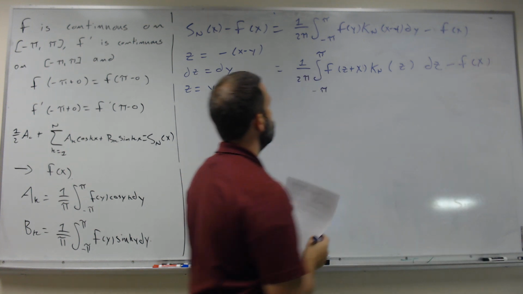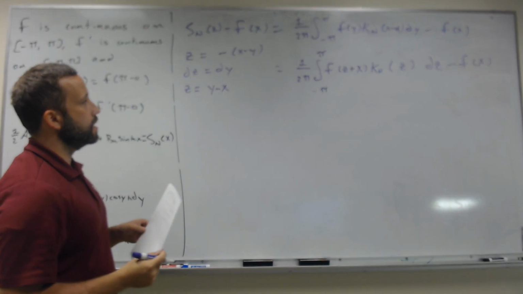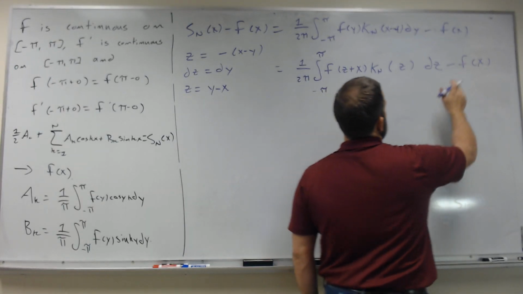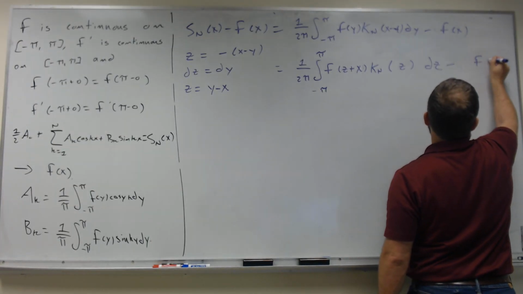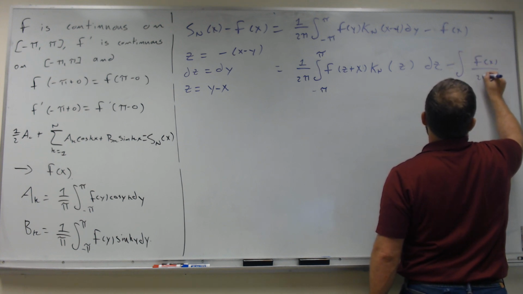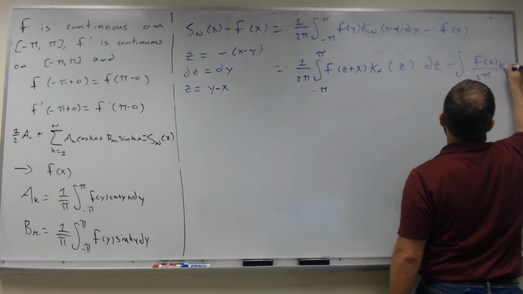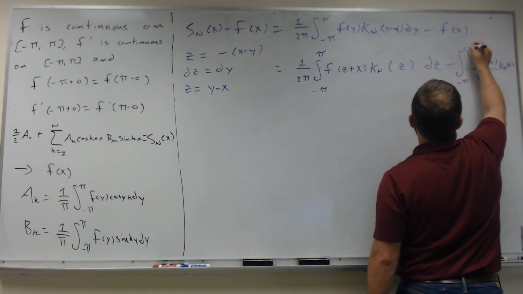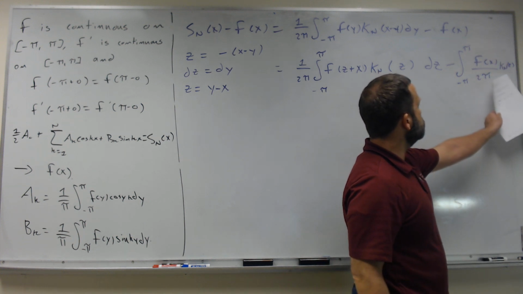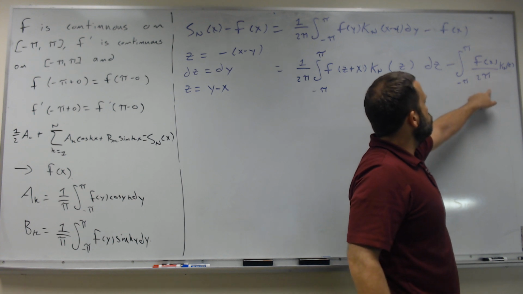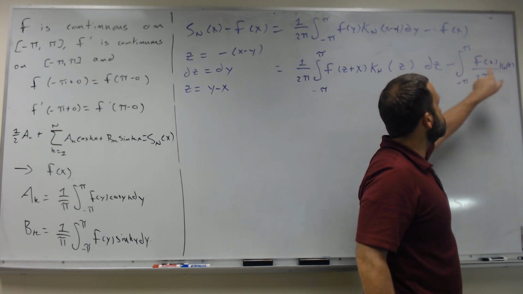Now here's where we're going to use the fact that the integral of kn is equal to 1. Because what's really true is I have my f of x, but this is equal to, if I have my kn of z and integrate from minus pi to pi, as far as z is concerned, f of x is a constant, and the integral of kn over 2 pi from minus pi to pi is equal to 1.